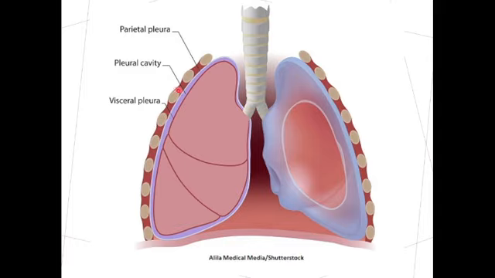By the way, parietal comes from a Latin word that means wall. So this is like a wall that surrounds it. And the pleural cavity is the cavity just between the parietal pleura and the visceral pleura.